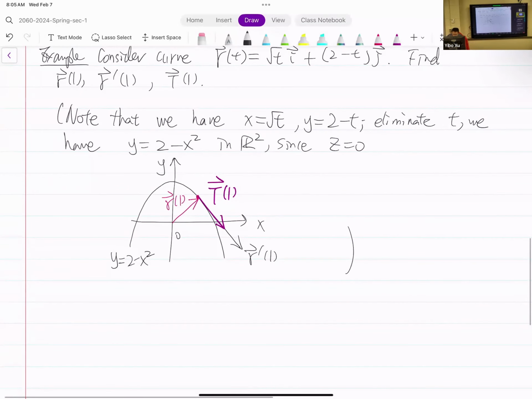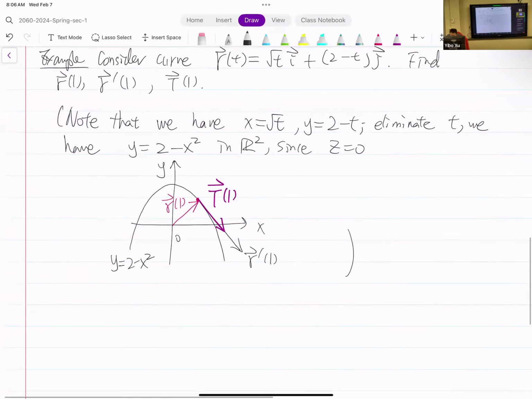And now let's do some calculations. Firstly, we need to calculate the substitution where t equals 1, and we have done that already. That's just i plus j, because when t is 1, both components are 1. And then r prime of 1 is what we get when we take the derivative of every component and then evaluate at t equals 1.